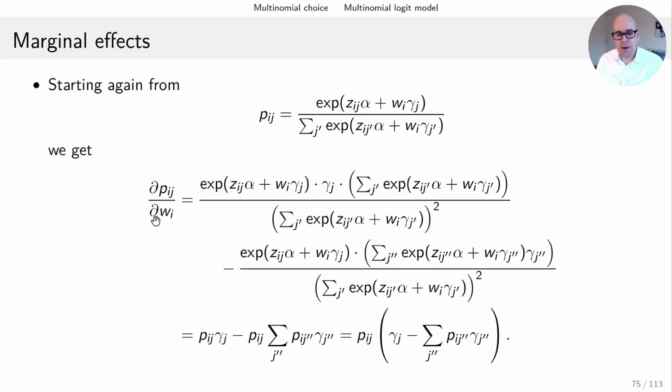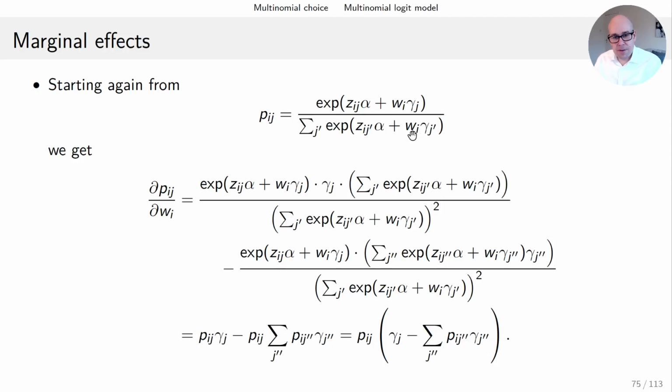What you get now is that wi actually enters each of the elements in the denominator. Okay, so before we had that one Zij or Zik only entered once in the denominator. Now it enters each element of the denominator. So things will look a little bit differently.